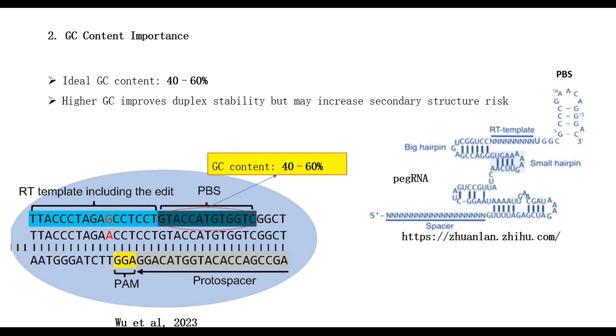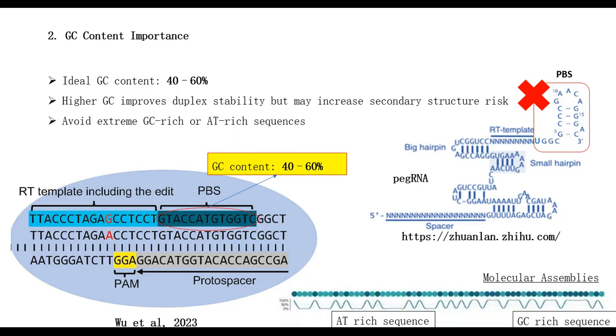However, it also increases the likelihood of forming unwanted secondary structures, which may impair function. Therefore, it is advisable to avoid sequences that are either too GC-rich or too AT-rich, as extreme compositions can compromise the efficiency and reliability of the system.